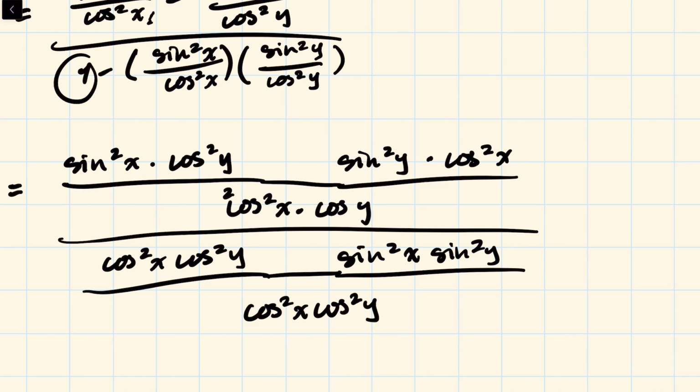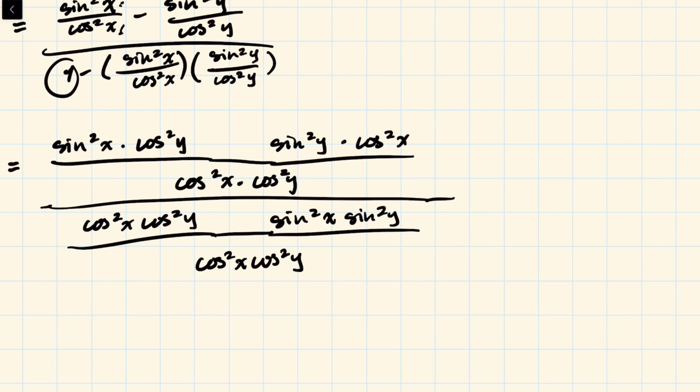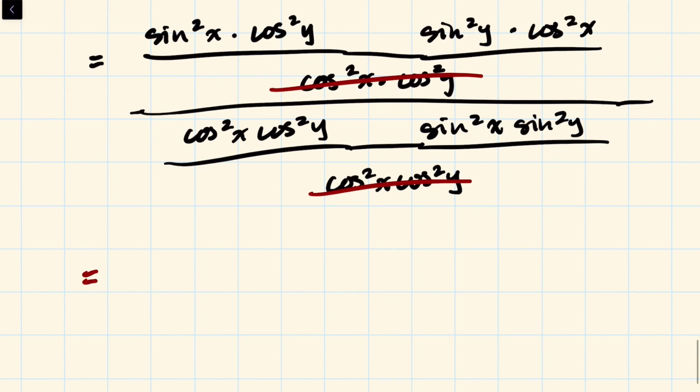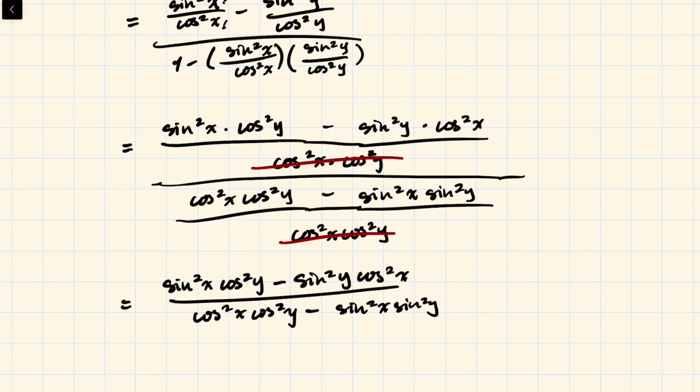And it happens to be so that we have a common denominator in the numerator and the denominator of our bigger fraction, if that makes sense. So what we can actually do is cancel these out, because you're dividing by the same thing in the numerator and the denominator. It's like multiplying by the same thing in the numerator and the denominator. Sine squared x cos squared y minus sine squared y cos squared x, all over cos squared x cos squared y minus sine squared x sine squared y.